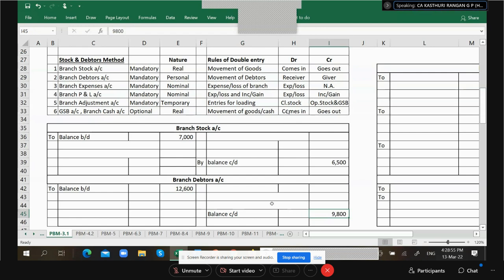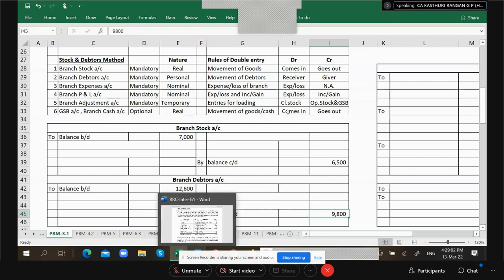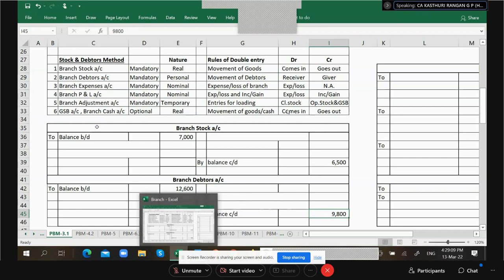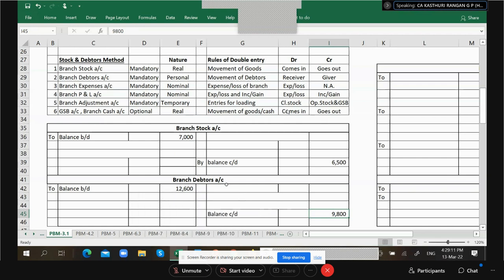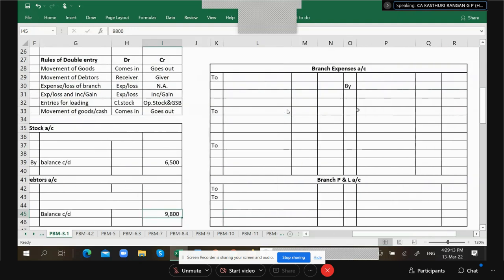Given in the problem, is it not? Now, you need not prepare cash account because there is one entry: opening, closing, cash will be there. The difference is expenses made by the branch. No need to open cash account for this problem, but we have to open branch expense account and branch P&L account.